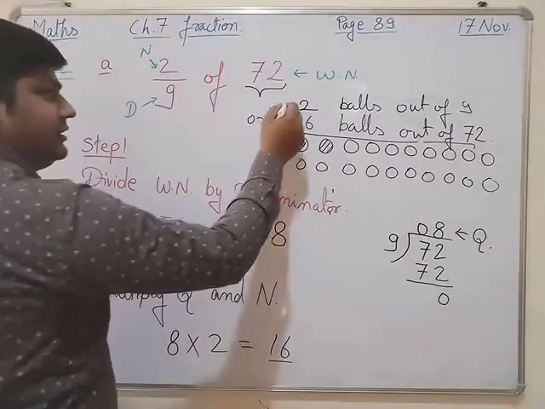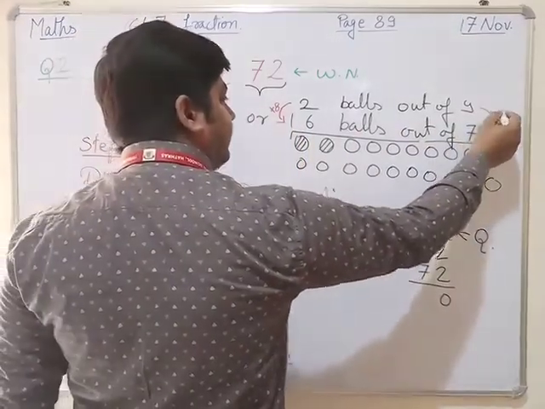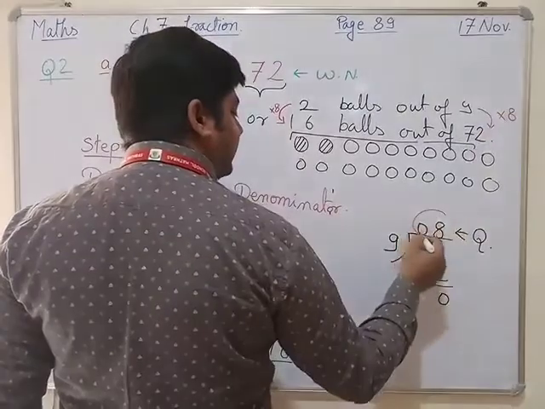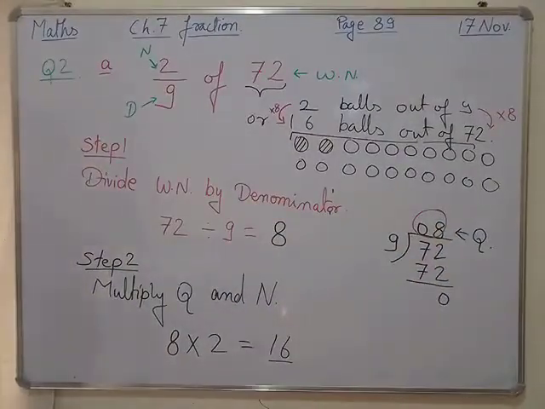Here you have done multiplication by 8, and here you also have done multiplication by 8, and this 8 is the quotient here. This is how you have to solve this question.